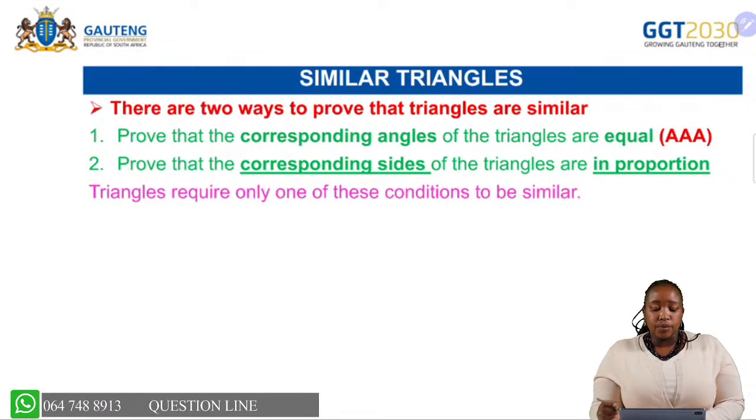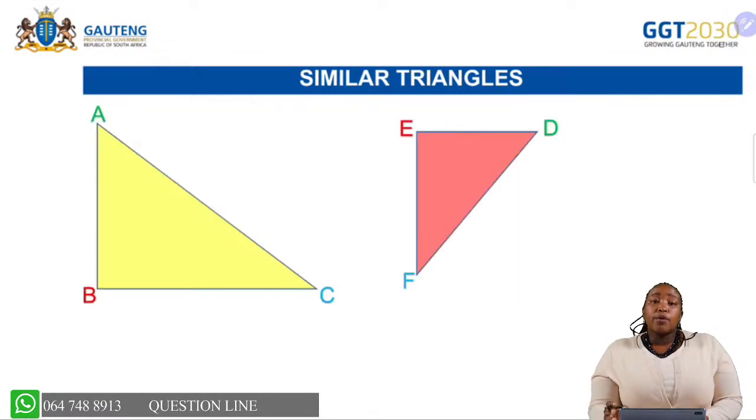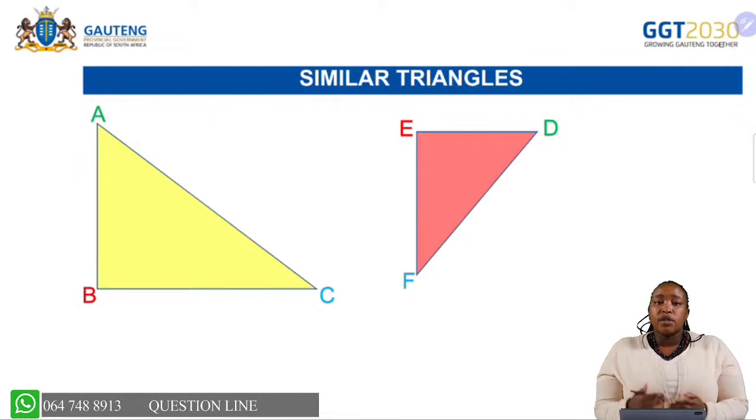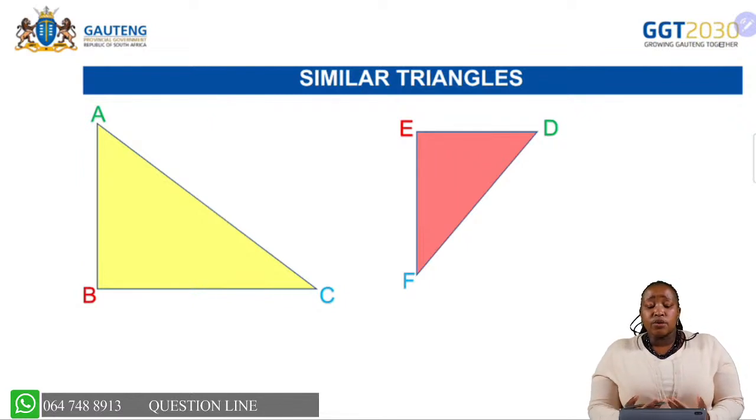I'm going to give you just a quick 1 minute to sketch these triangles. They don't have to be up to scale. Just sketch 2 triangles that look like this in your books. I'll give you 1 minute, and then we'll start our investigation after this.